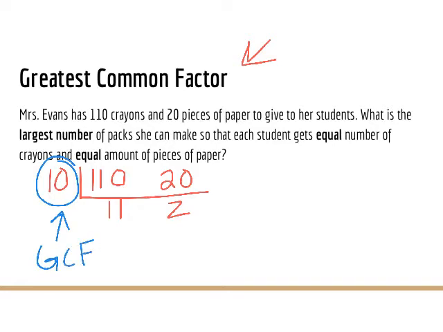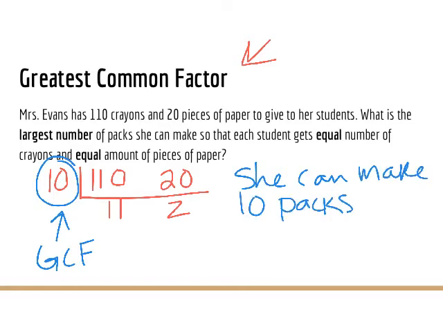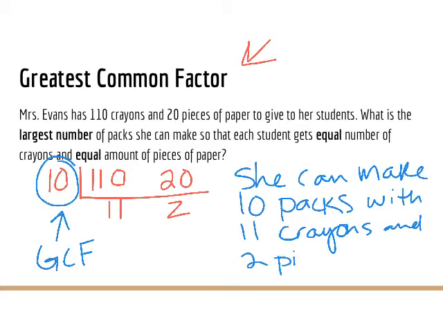So for my answer for this, I can say that she can make 10 packs. And how much is going to be in each pack? Well, it'll be 11 crayons and 2 pieces of paper.